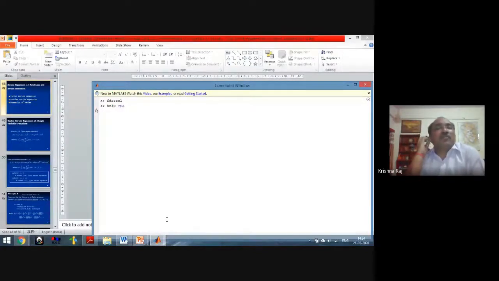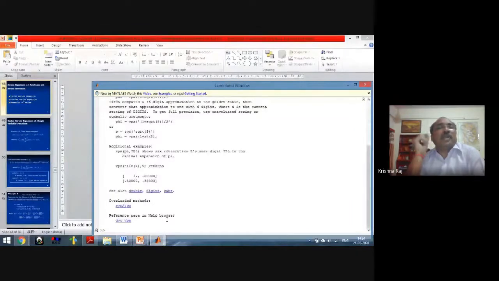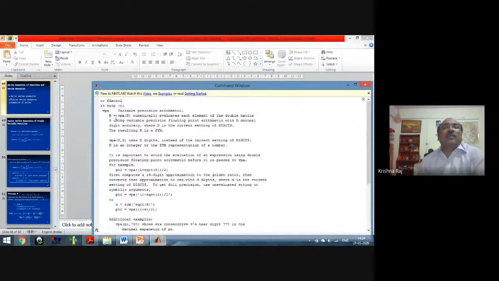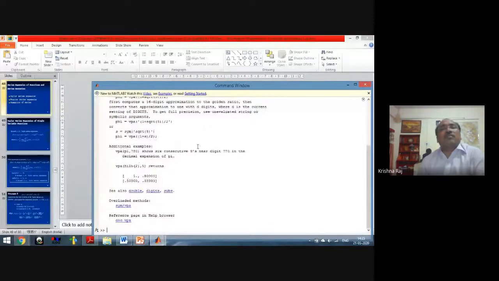If you are using MATLAB, then from time to time, please check the syntax related to that particular function. If you write vpa, the total description of vpa is given here. When we write vpa numerically, it returns in this form. Similarly, we can check all the functions we are using here.